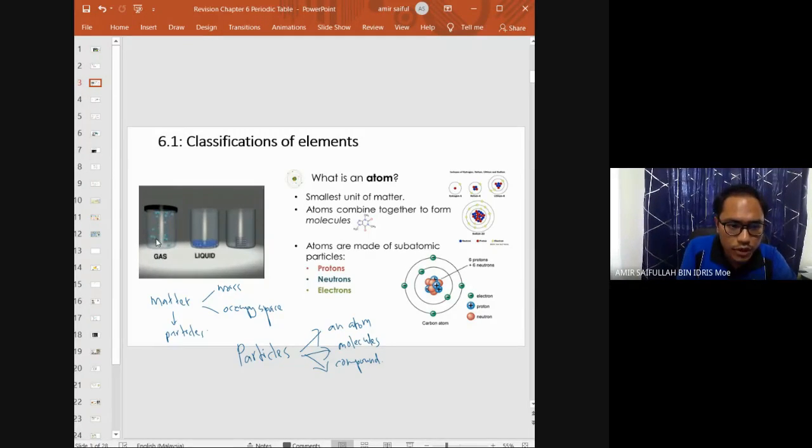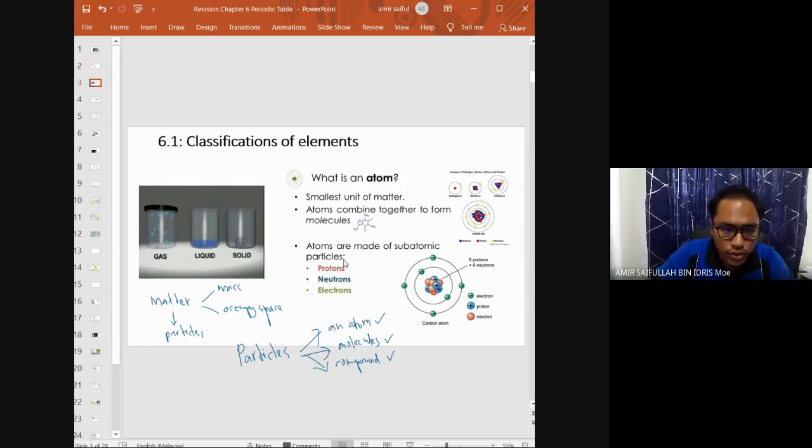Now you all see only one particle, but this one particle can actually exist as an atom, or as a molecule, or as a compound. So now we will first see what is an atom. Later we will see what is a molecule, and later what is a compound. All these are particles that exist in an object.